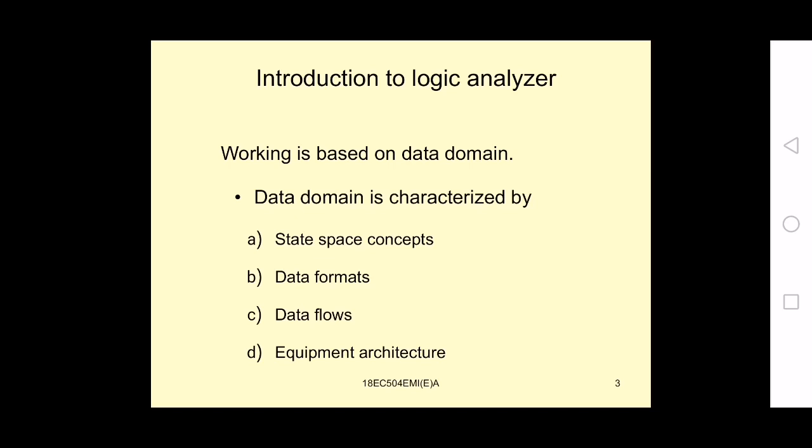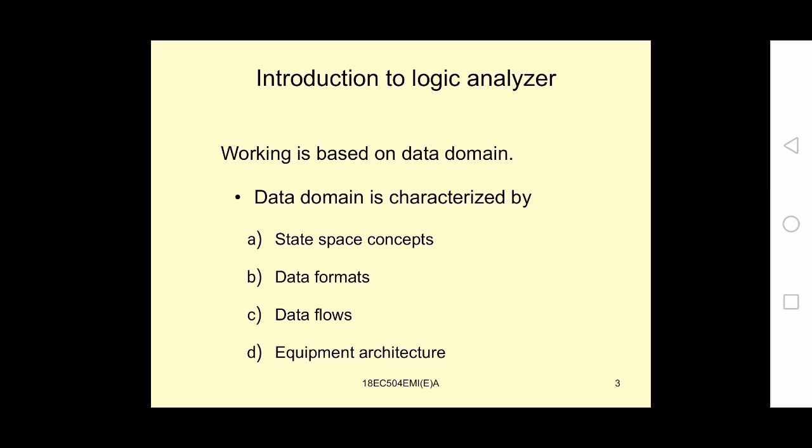And this data domain is characterized by different formats. The data domain is characterized by state space concepts. This you came across in digital electronics, finite state machines. You will have different states for different next-state actions.